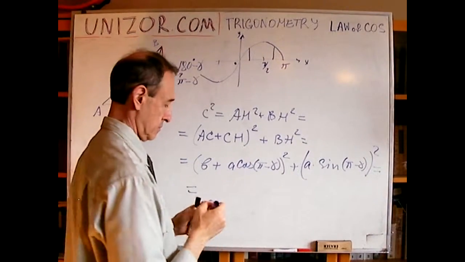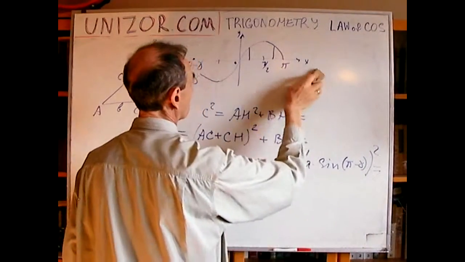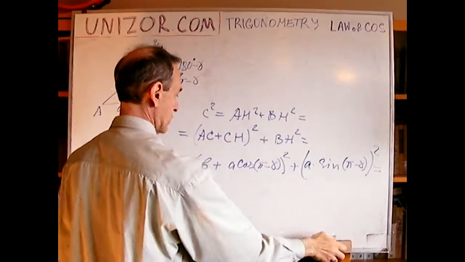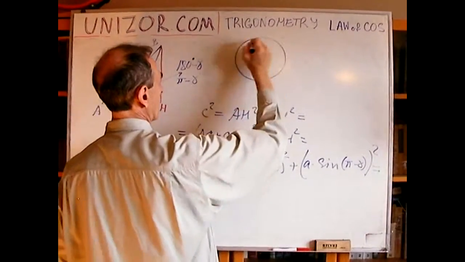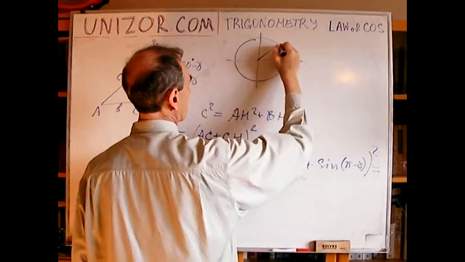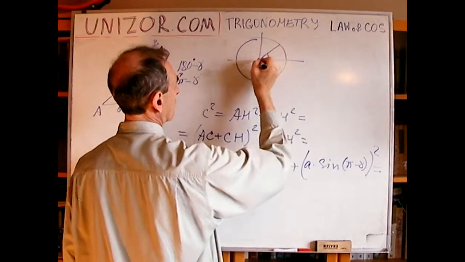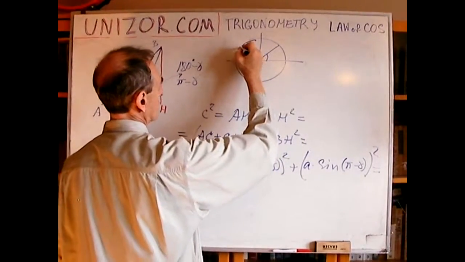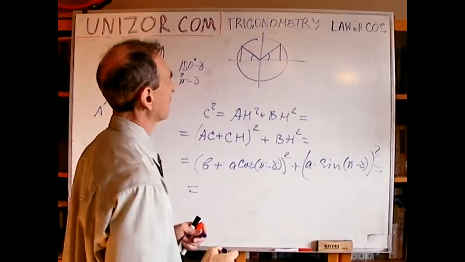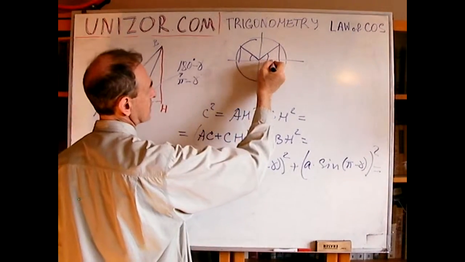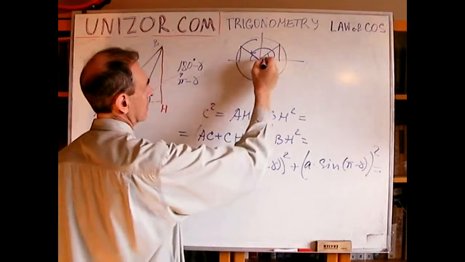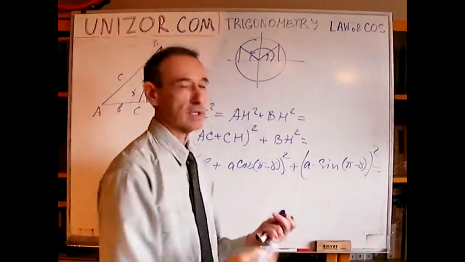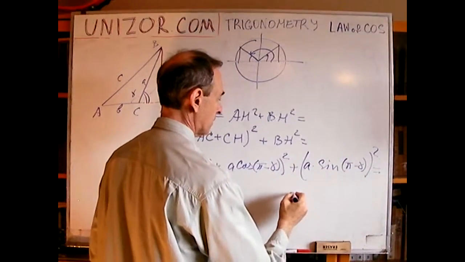That's on the graph. Very similarly, if you consider the unit circle, sine is the ordinate, right? So this is one angle, and this is pi minus this angle, and the ordinate is exactly the same. So this angle and this angle have the same ordinate. So sine of pi minus gamma is exactly the same as sine of gamma.